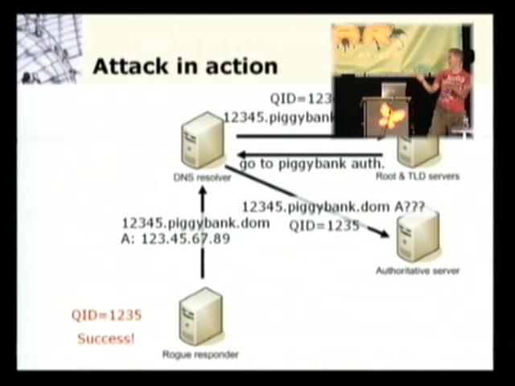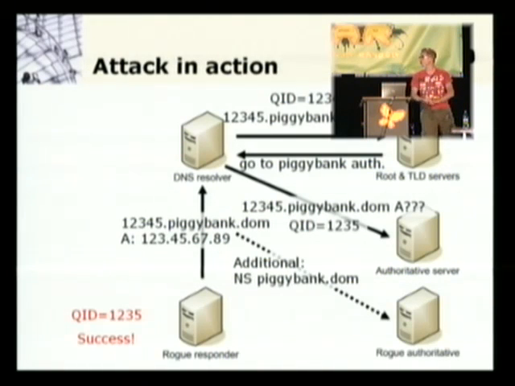Now, you can ask me what use is it to spoof the address for 12345.piggybank.domain. That's not bad. Nobody's going to query for that. Well, what's in this answer packet is some nice additional information. What I also put in there are the name server records for the piggybank.domain zone.